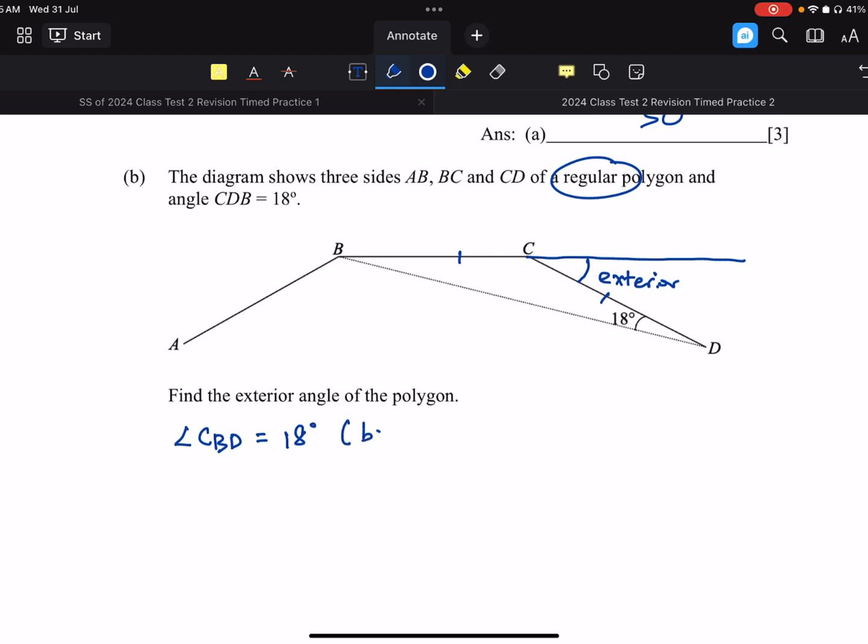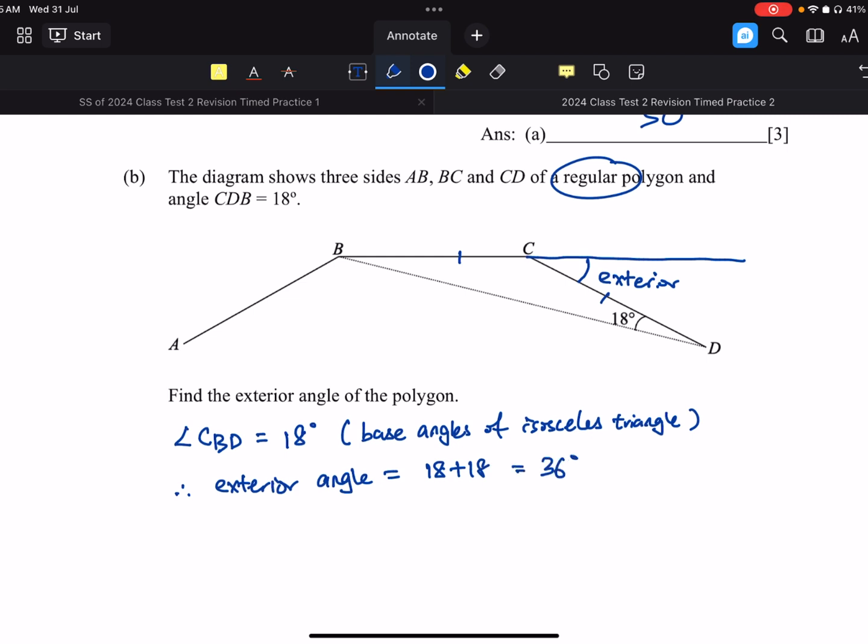The reason is because they are base angles of an isosceles triangle. Right? So therefore, exterior angle equals 18 plus 18 equals 36 degrees.